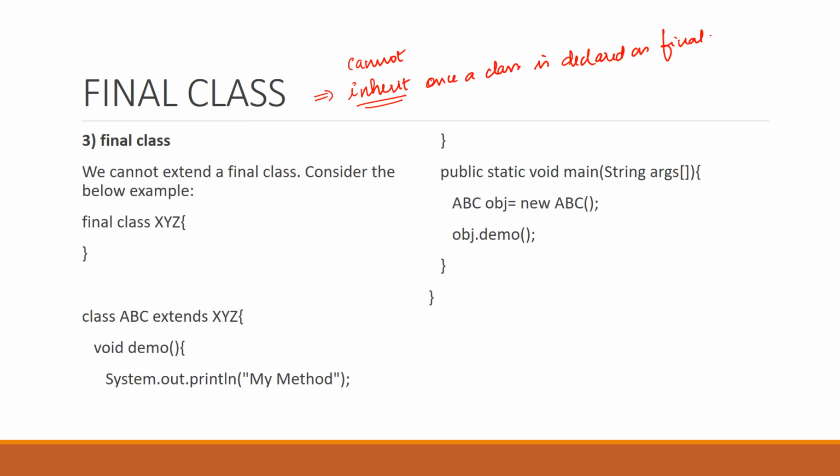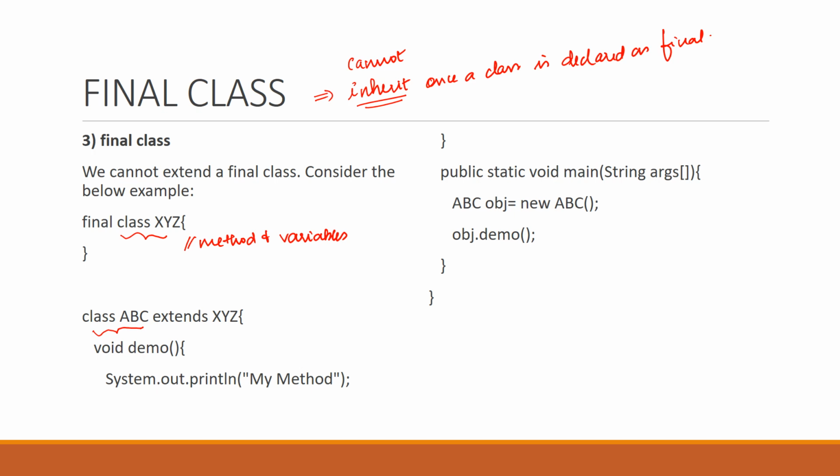So consider this example here. Here we have a class xyz which is declared as final, and then inside we'll have some methods and variables declared. This is for example purposes, I'm showing you this example. And then we have a child class called class abc which extends the parent class xyz.